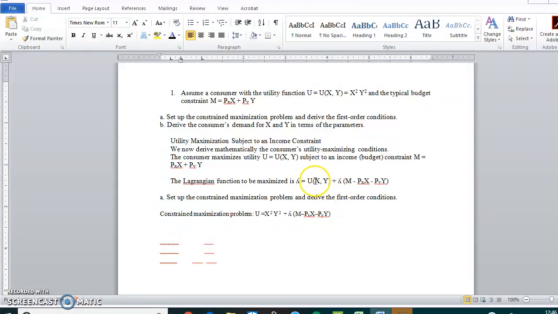We've substituted x and y in the parentheses because we know that they equal x squared and y squared, and it just makes it a little easier to deal with here. Okay, so next we derive the first order conditions.